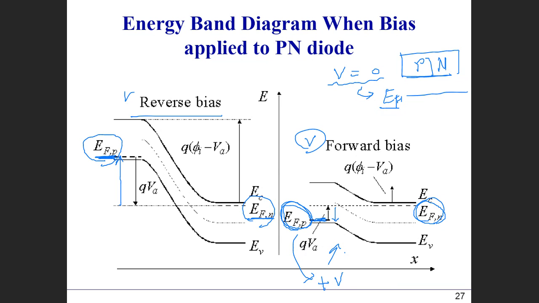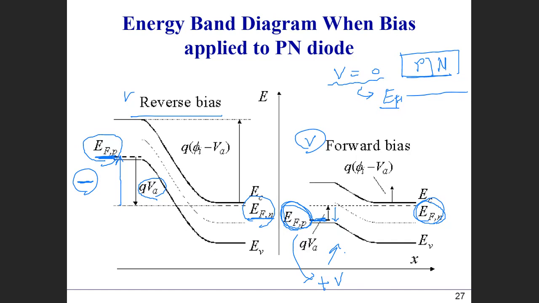So in other words, this represents that you apply the negative potential in the P side, and the magnitude is this amount applied in the P side, so that your EF is moved upward in here. Okay. So can you understand the concept?